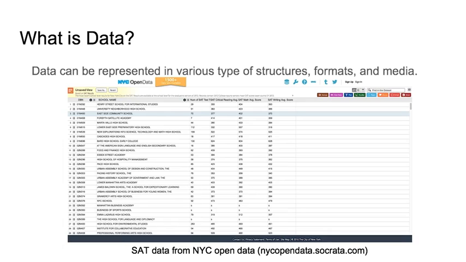This is an example of what's called structured data, because here all the data fields, in this case, such as school name and the SAT score, broken down into reading, math, and writing scores, are marked. So this is an example of structured data.